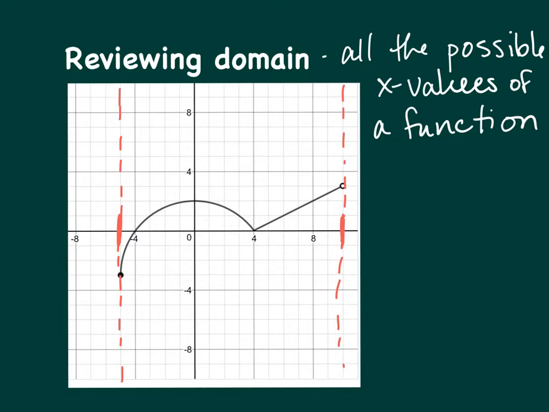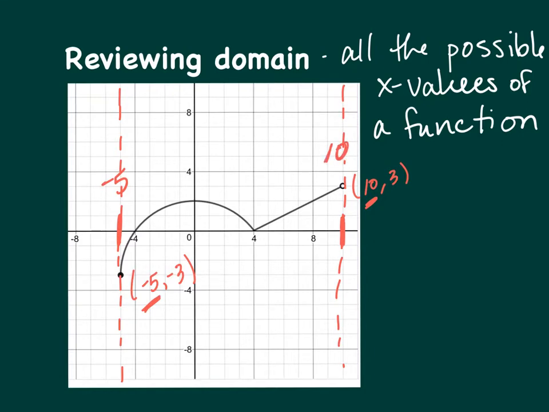So as we go from left over to right, our lowest x value is -5. If I look at this in terms of the point, this ending point down here is -5, -3, and the y value is -3. So this is my x value, that's all I care about. So this is -5, and this x value over here, because this point is 10, 3, the only part that I care about is that 10.